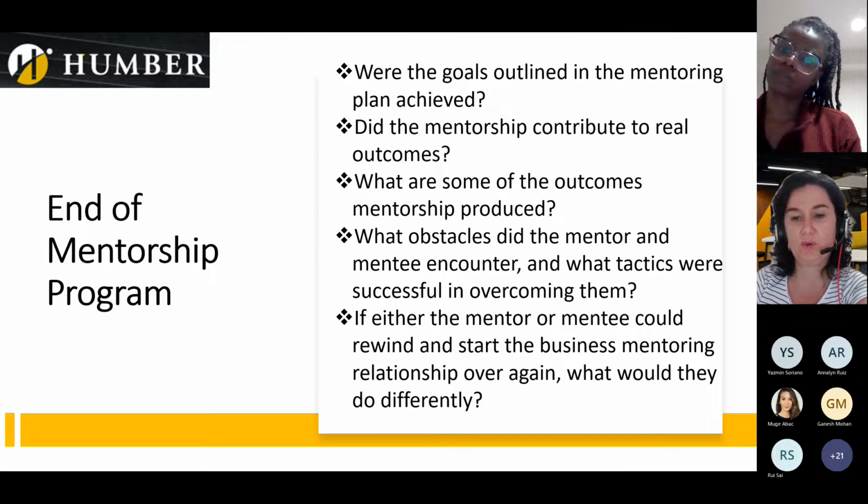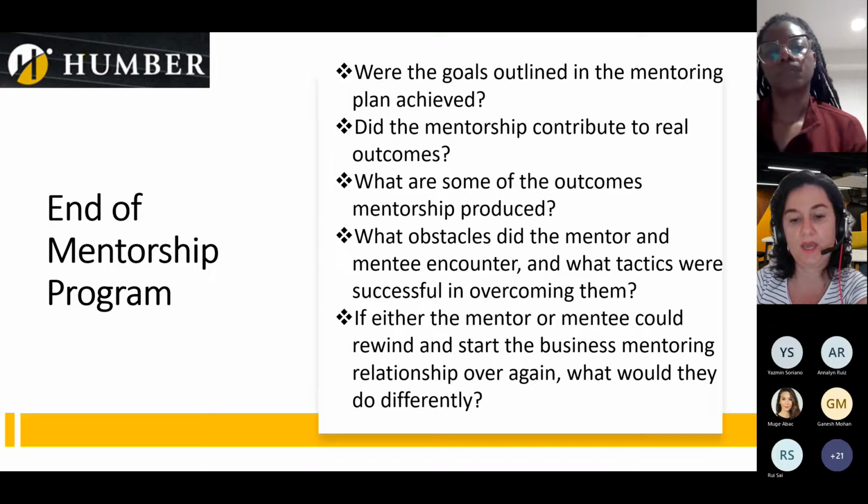So it is very important to collect that feedback together and really assess how the mentorship has benefited you, and what are some of the areas that you could still work on in order to develop them even further. So as you progress to the end of the program, it is very important that you answer these questions with your mentor.